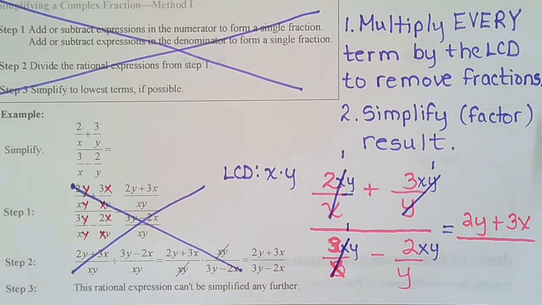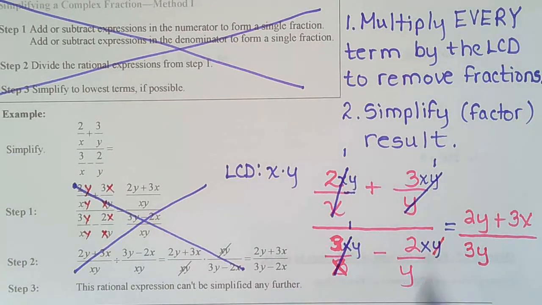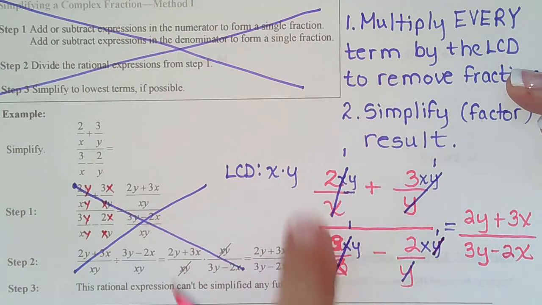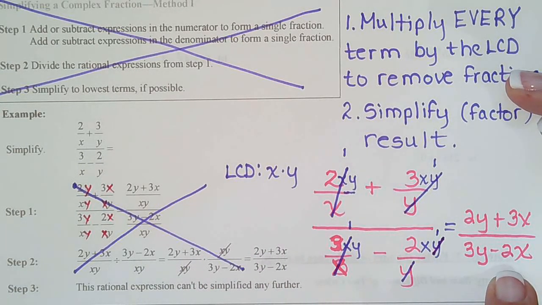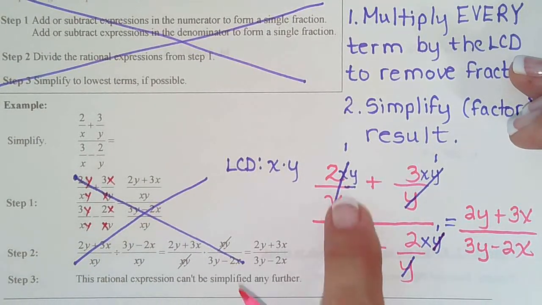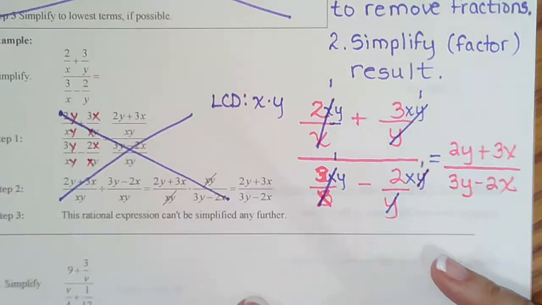That leaves me with 3y. And y over y is 1. That leaves me with minus 2x. So do you see how I did one step of work and I got to the answer? Look how many steps this method required. Why would I teach you that if you can do it in one step and get the exact same answer they got?